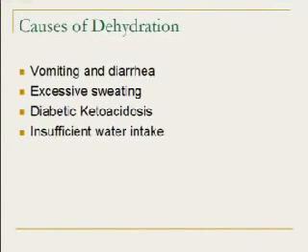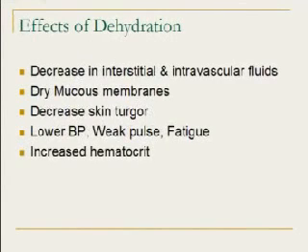And in diabetics with ketoacidosis, they get a profound hypertonic dehydration because free fluid is lost through the kidneys because of the increased concentration of glucose. But again, diabetic ketoacidosis will be described in much more detail in a subsequent lecture. Insufficient water intake, failure to take adequate amounts of fluid, can result in dehydration.